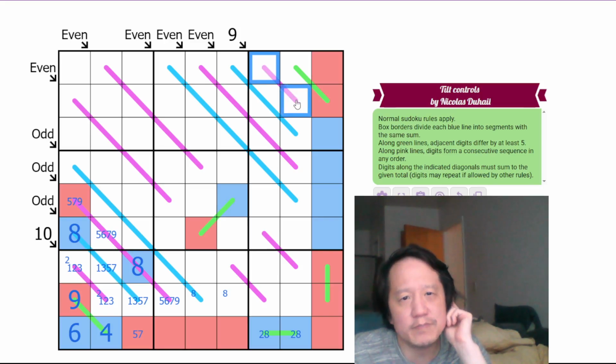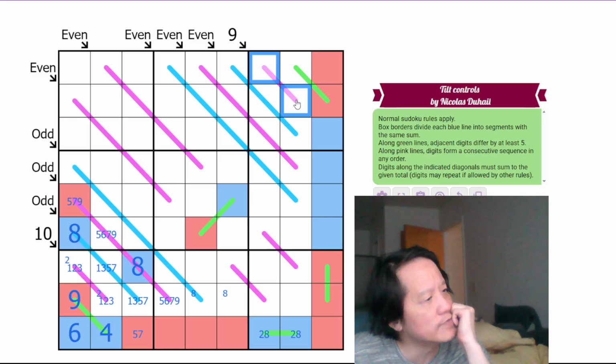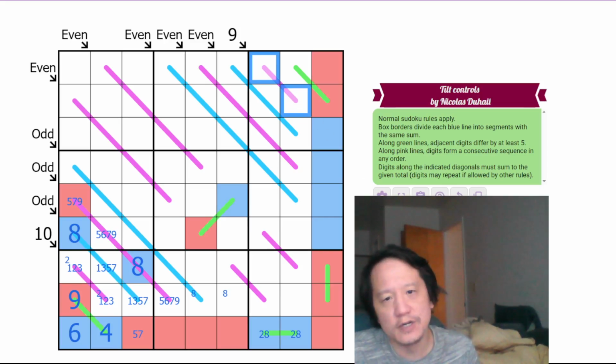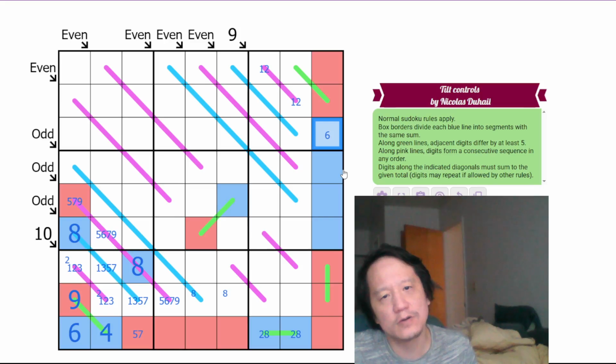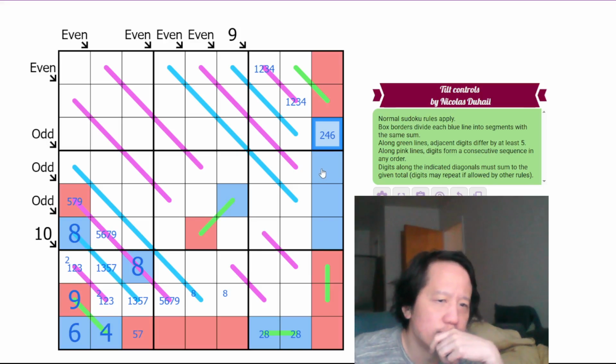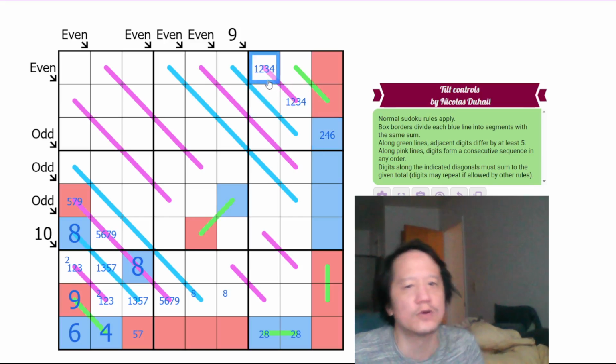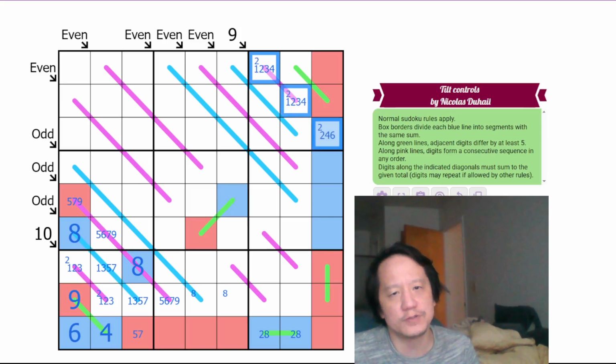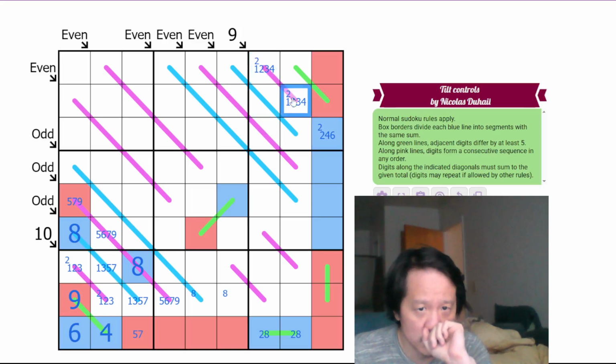So this must be one odd, one even. So we could have 1, 2 with 6 there. What else can we have? 2, 3 with 4, or 3, 4 with 2. So 1, 2, 6, or 2, 3, 4. So we're guaranteed one of these three digits is a 2.